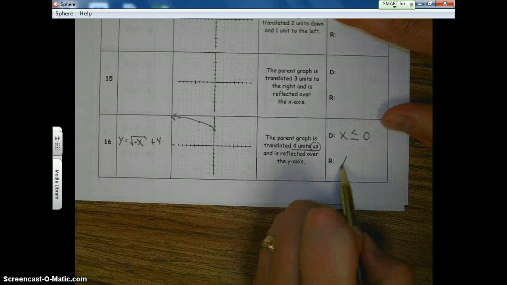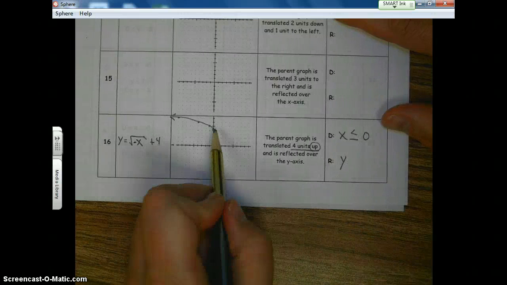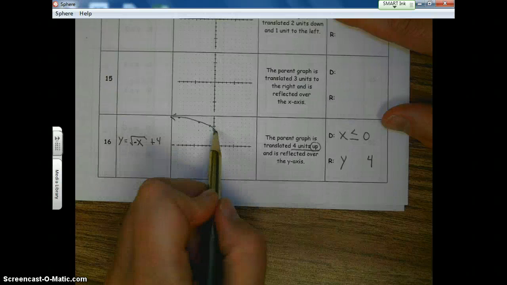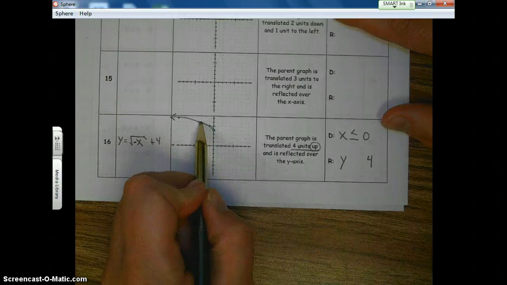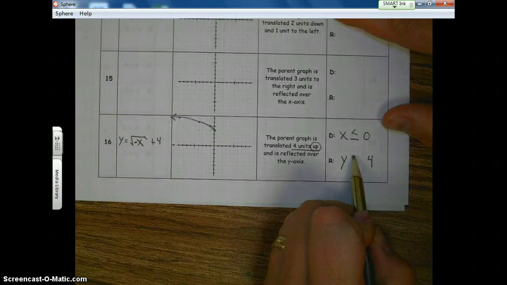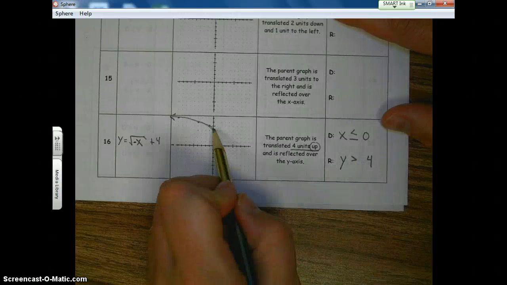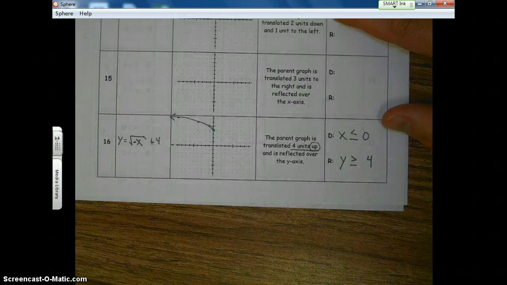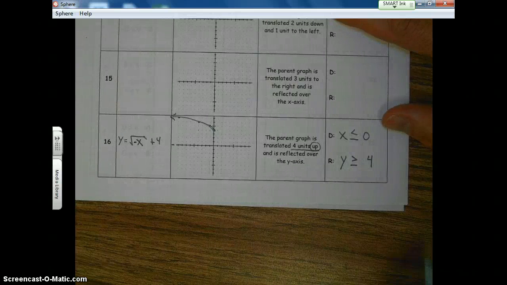Range, y. Range value, 4. Y values are getting bigger, greater than. Closed dot, equal. Hope you're getting this. If you're not, you may need to rewatch the video.